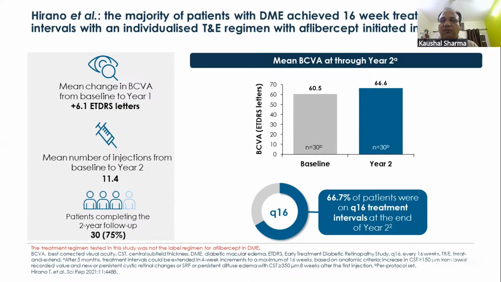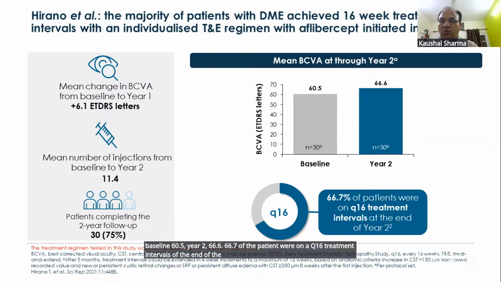Hirano: the majority of patients with DME achieved 16-week treatment intervals with an individualized treat-and-extend regimen with aflibercept initiated in year 1. Baseline 60.5, year 2 66.6. 66.7% of the patients were on Q16 treatment intervals at the end of year 2. Next.